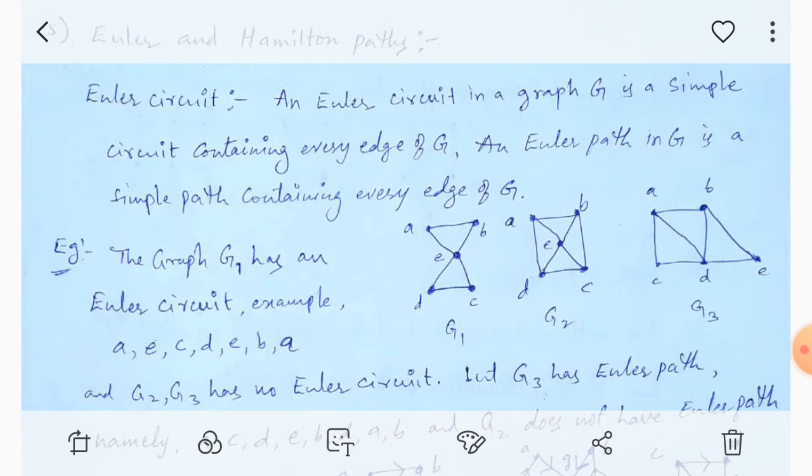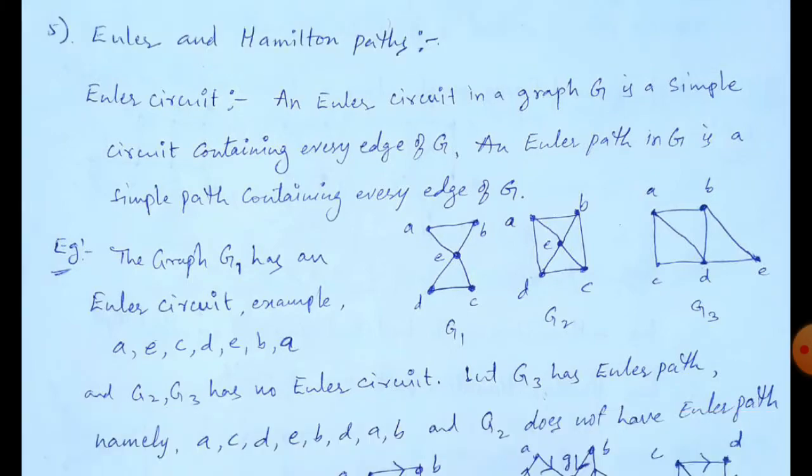In a circuit, the end points are equal. You have to start with a vertex and travel the edges through vertices, and again we have to reach the same vertex. If you get a path like that, then we denote it as an Euler circuit.